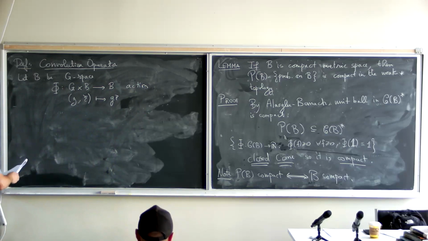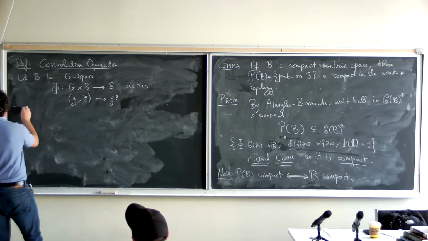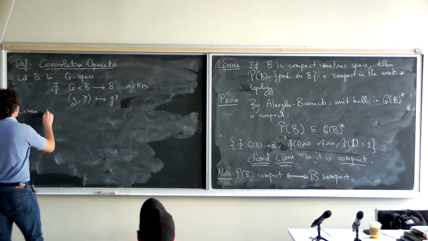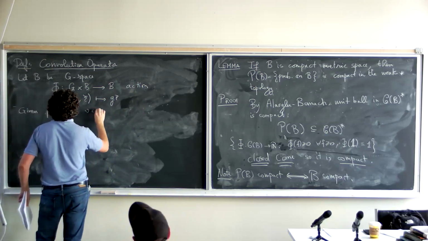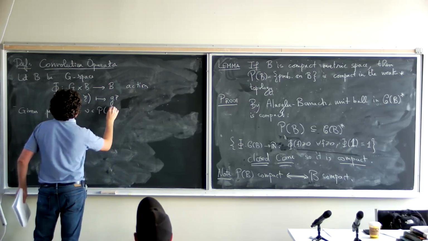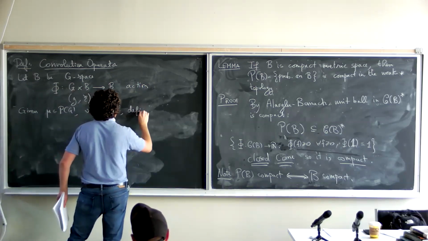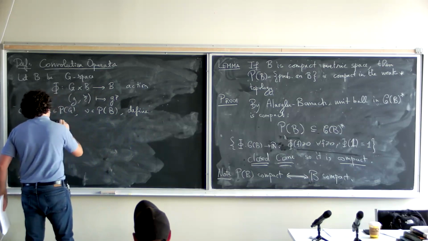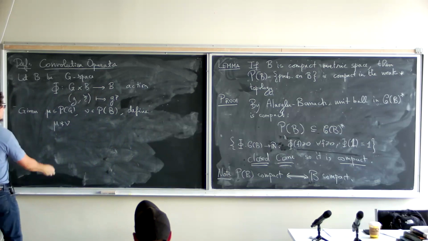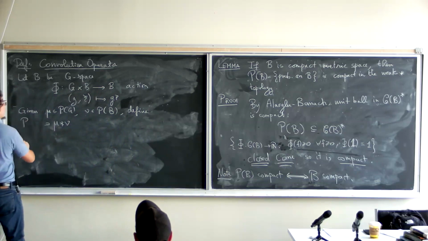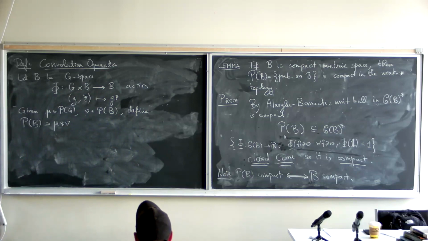And yeah, we can define a convolution operator here. So given mu a probability on G, and nu a probability on B, we can define mu star nu, which would be a probability on B. And this could be, for instance, the push forward.